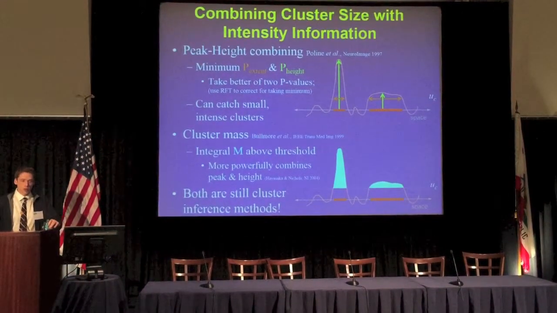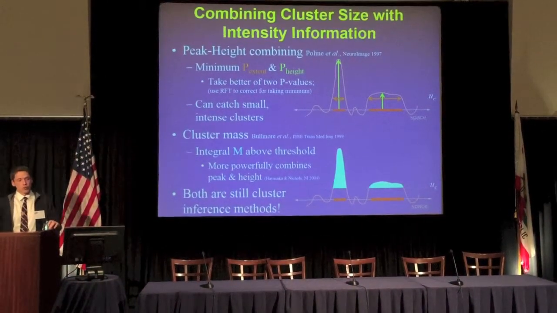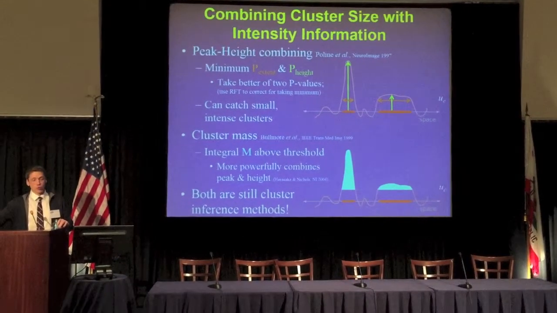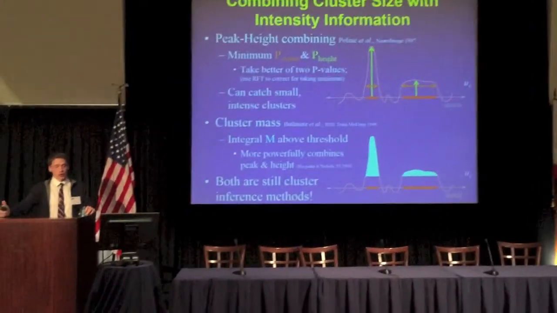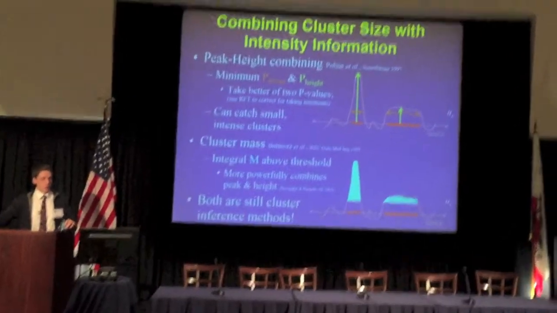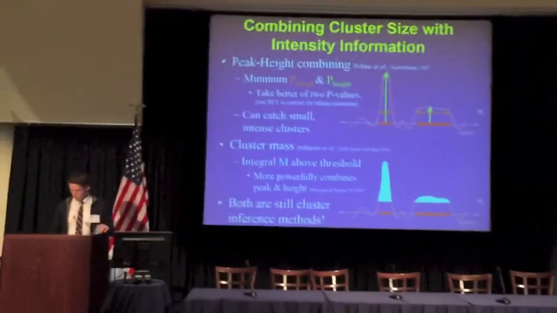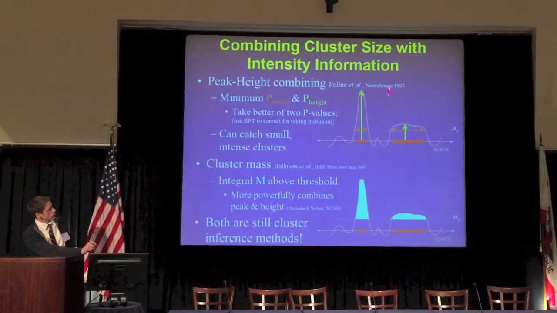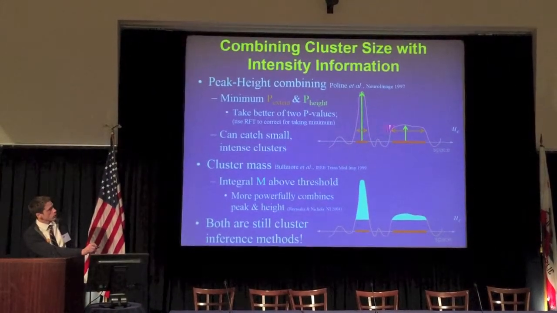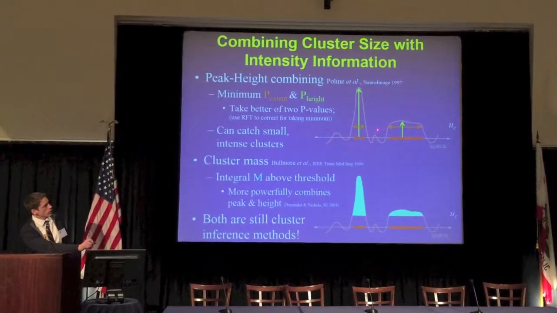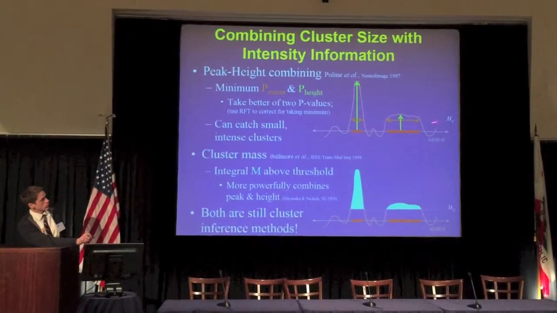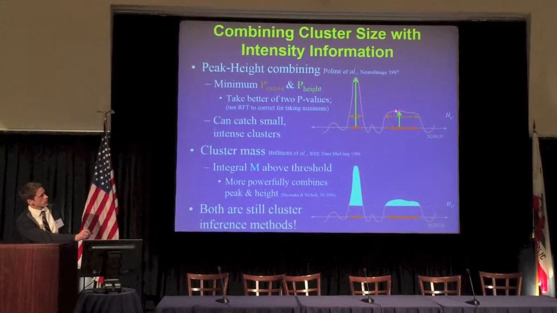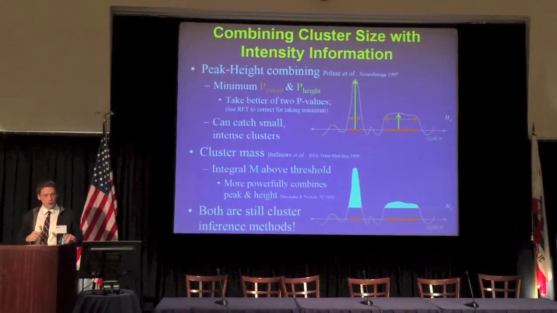So it's very common in neuroimaging to derive combined significance based on both cluster size and the intensity information, because clusters can be significant because they have really high significance somewhere along the cluster, or because there is a wide swath of voxels that exceed the threshold of statistical significance.